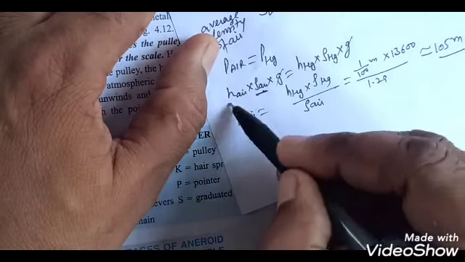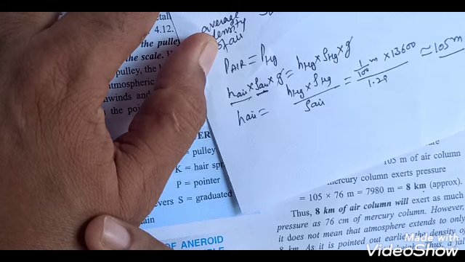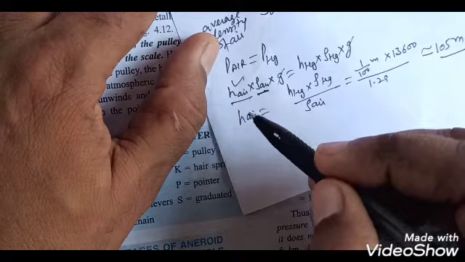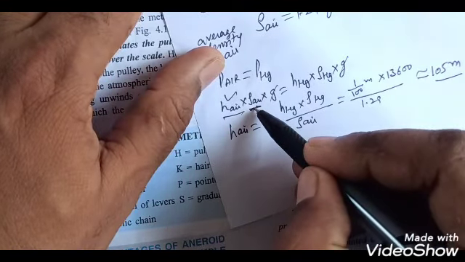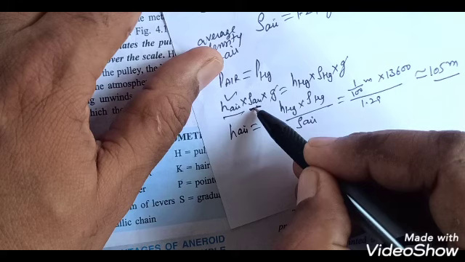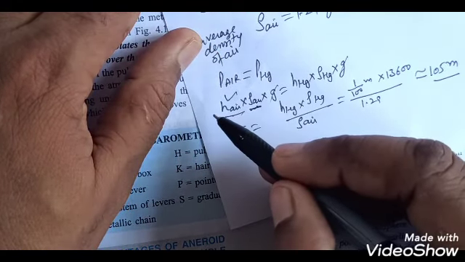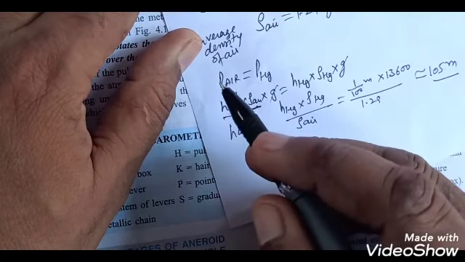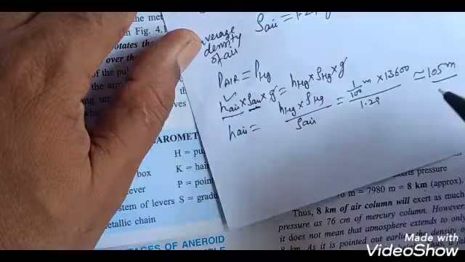Then how much do you have to move up so that there is 1 centimeter fall in mercury pressure? Not 105 meter. You have to move much more than that. See, H, the height of air column here, comes to be 105 meter only. But if density further decreases, becomes less than 1.29, then the height of air column traveled upward, which can apply the same pressure as applied by 1 centimeter, will not be 105 meter.